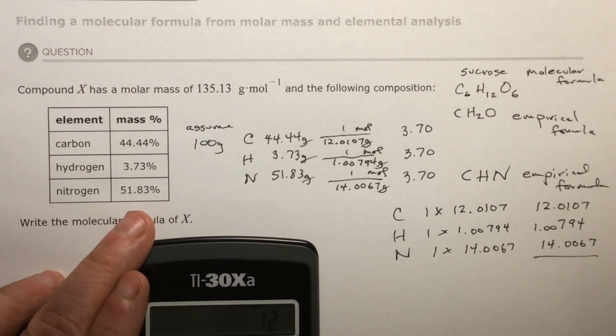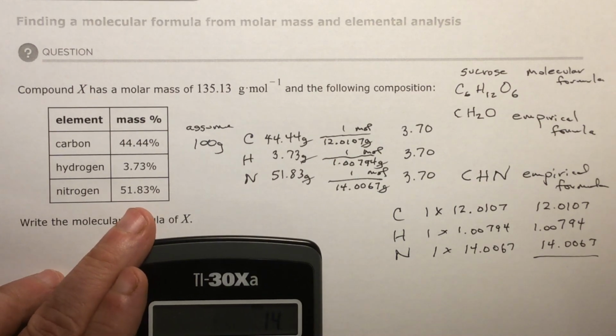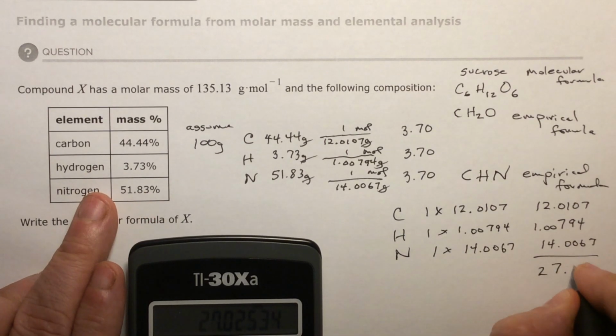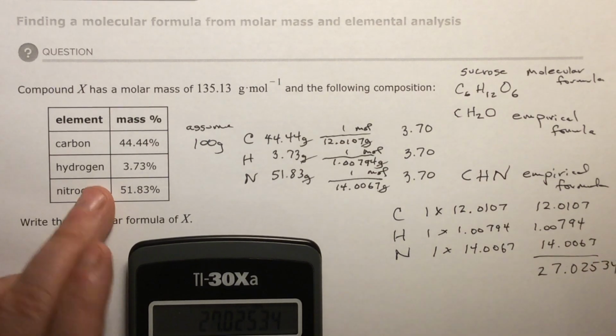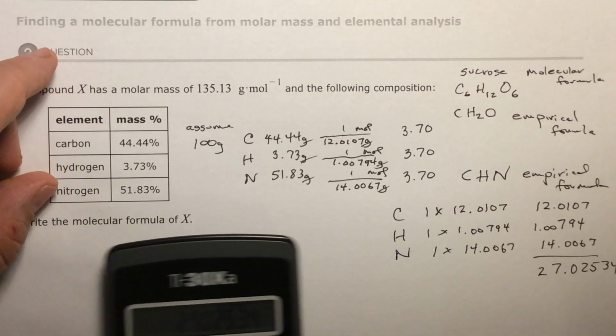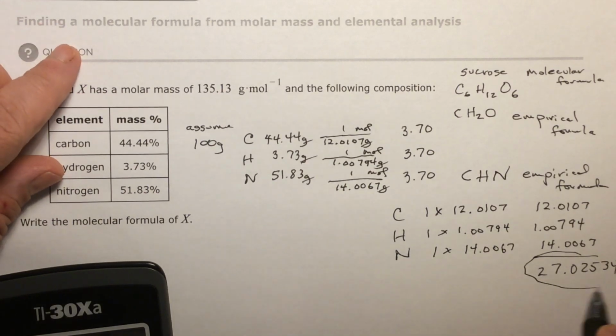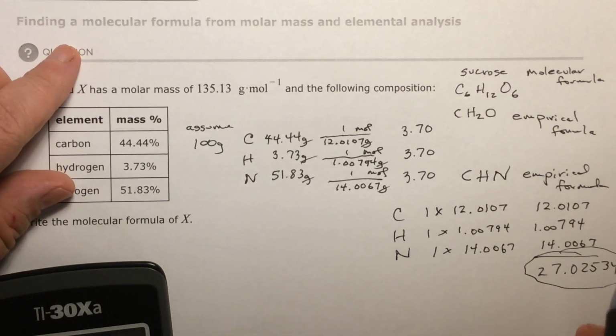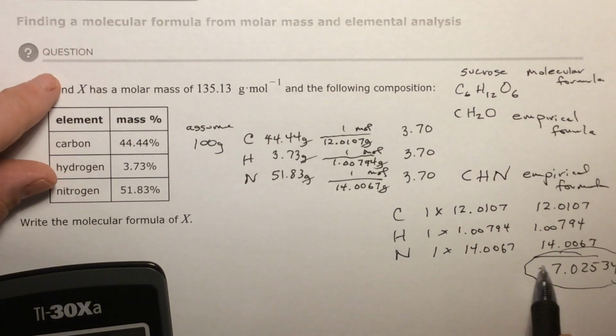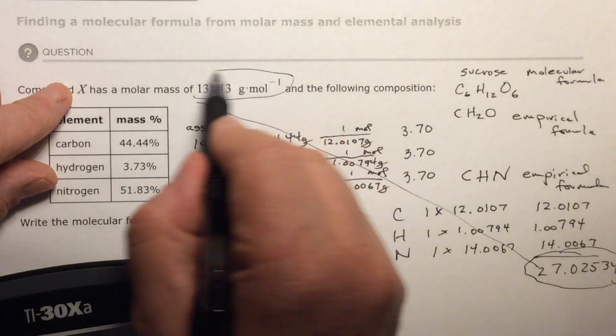So 12.0107 plus 1.00794 plus 14.0067 weighs 27.02534. Now I want to compare this number, this amount. This is in grams per mole. I'm going to compare this number to this number.